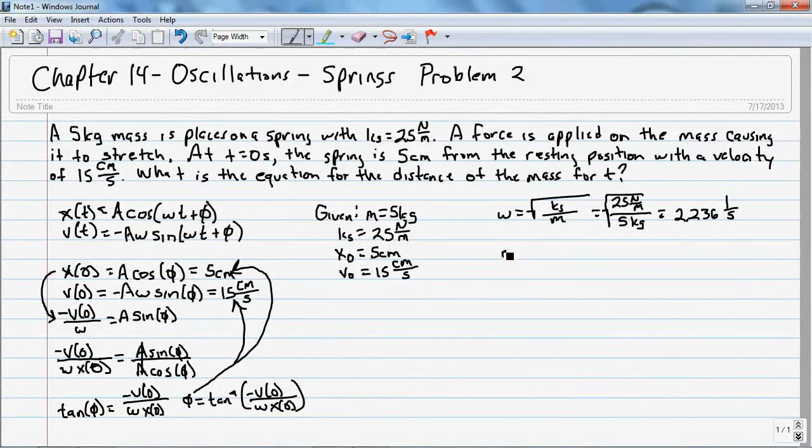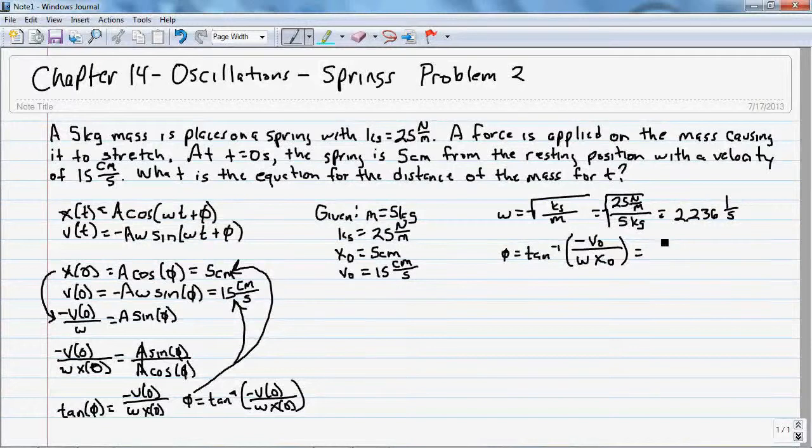Phi is equal to the arctangent of negative v initial, divided by omega times x initial.